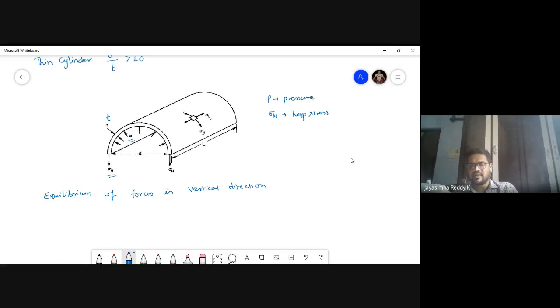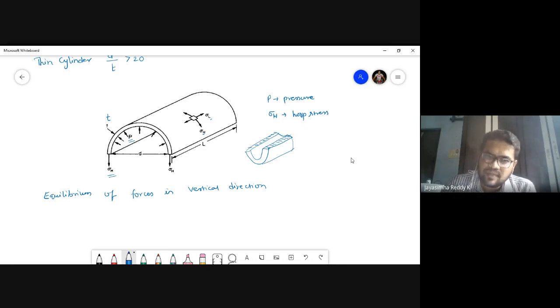There is hoop stress acting here, and if you see this, there will be a strip like this here. I will draw the bottom part, students, for your convenience. So this strip and this strip. Please clearly observe this.